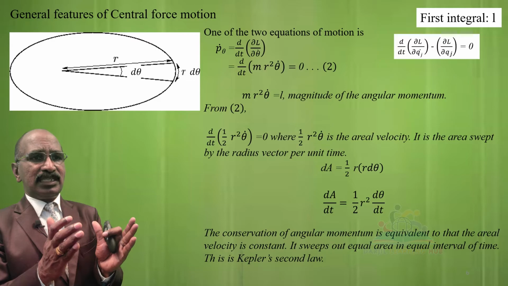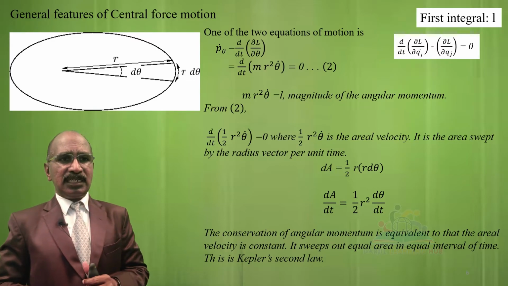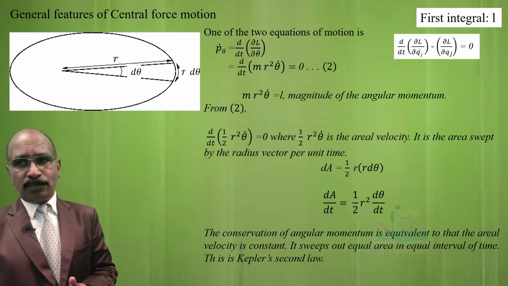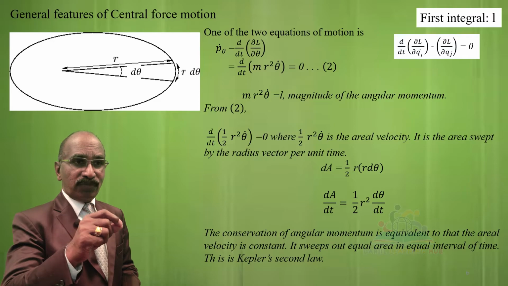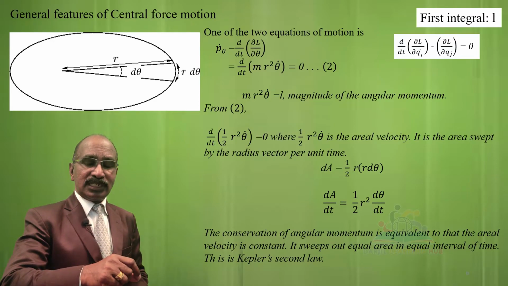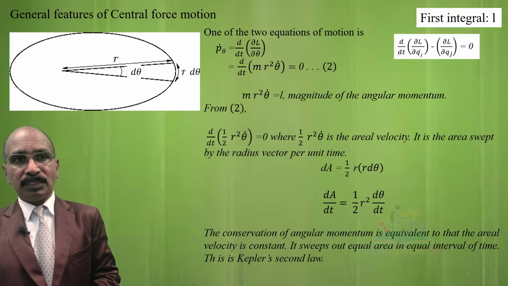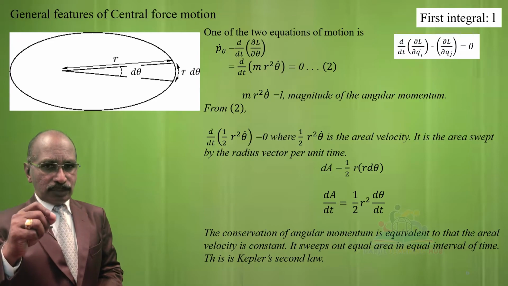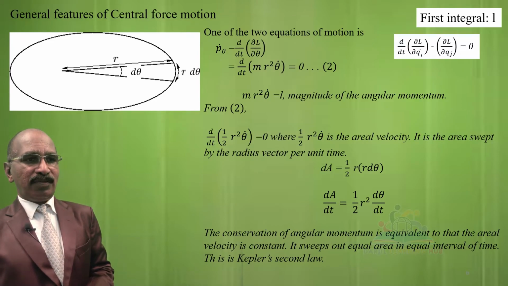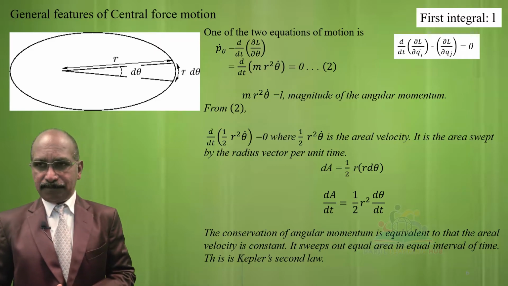Therefore, m r square theta dot should be a constant, and that constant is called the magnitude of the angular momentum, and that is given by the letter L. So from 2 we come to the conclusion that the angular momentum is conserved, and that is the first integral. Angular momentum of a two-body problem, when reduced to a one-body problem, remains constant.